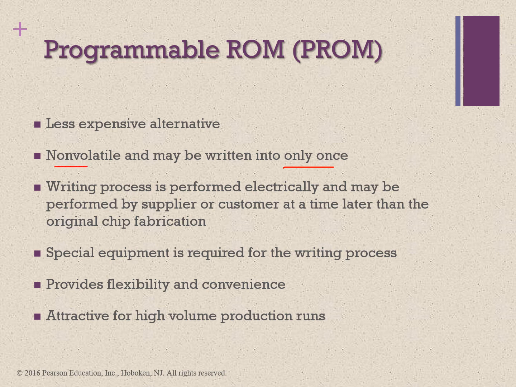The writing process is performed electrically and may be performed by the supplier or even by the customer at a time later than the original chip fabrication. During the chip manufacturing time, we are not going to write it. The chip will be manufactured and later sent to the supplier or customer, so the customer can write the data onto the chip electrically.